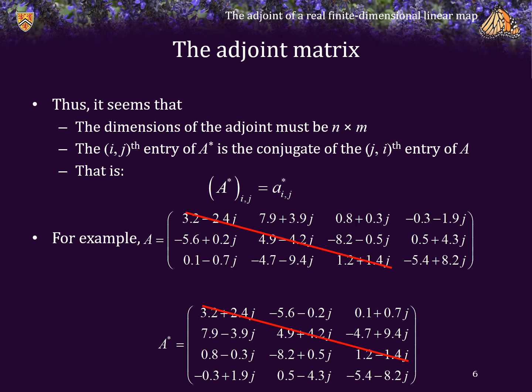So for example, in A, the entry 1, 2, which is 7.9 plus 3.9j, is moved to the other side. It's reflected through the diagonal, but the reflection is the conjugate of that value, so it's 7.9 minus 3.9j. And that is in location 2, 1 of the adjoint.